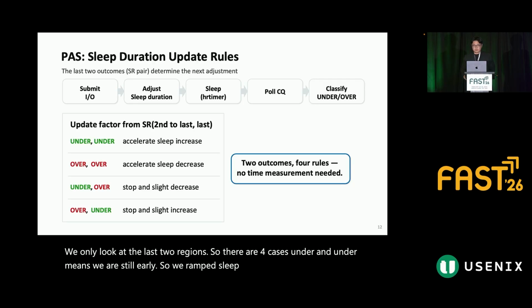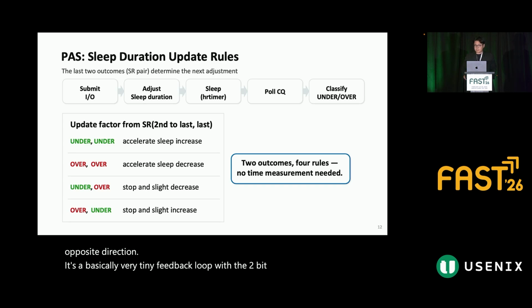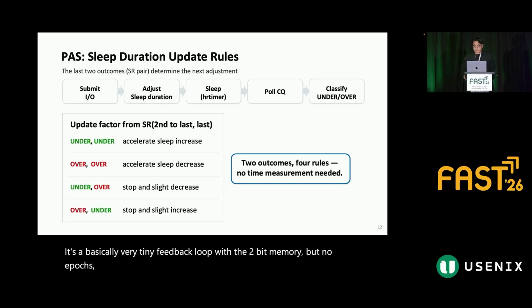Over and over, we are late, so we ramp sleep down faster. If we cross the boundary, we reset and do a small correction in the opposite direction. It's basically a very tiny feedback loop with a 2-bit memory, but no epochs and no explicit latency measurement. And it converges quickly to the lower envelope.